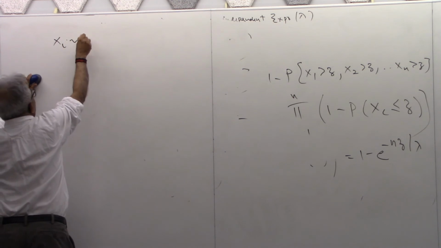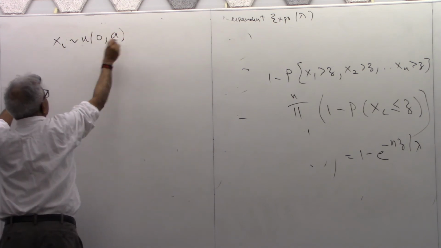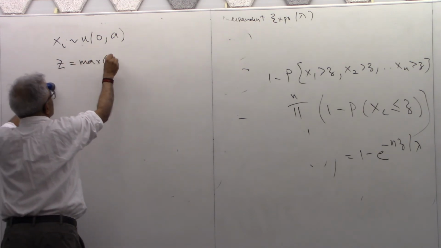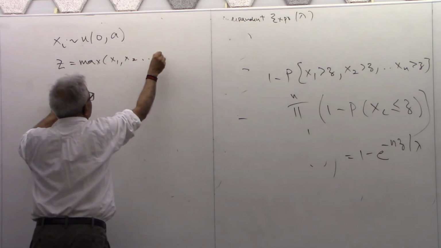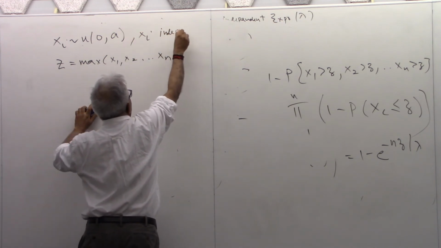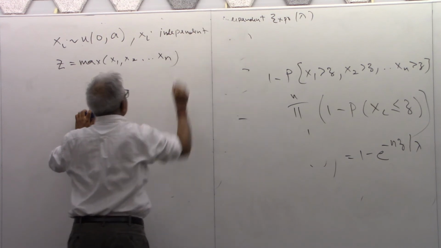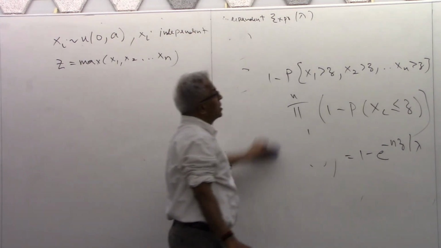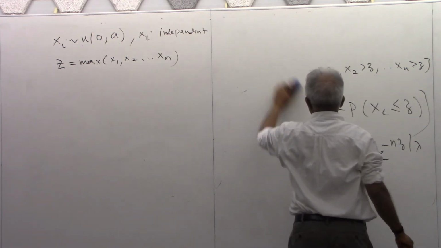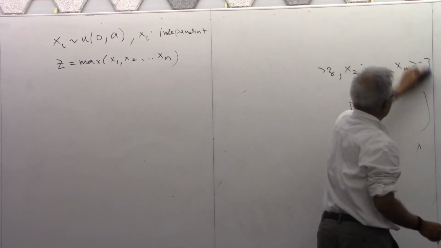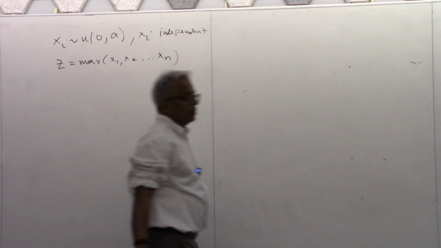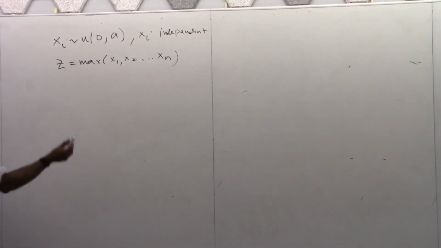Let's say the Xi's are uniform from 0 to a, and Z is the maximum of X1 through Xn. So it's exactly the same as what we just did, except a maximum. I mean, we can just extend this argument. So look here, it goes like this. All of them are identical.